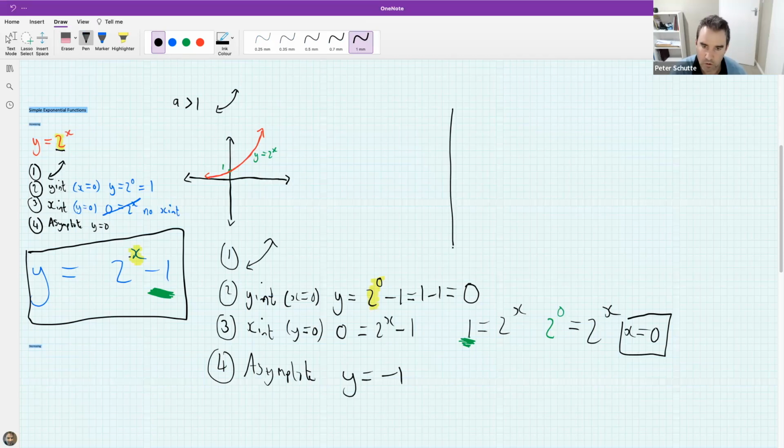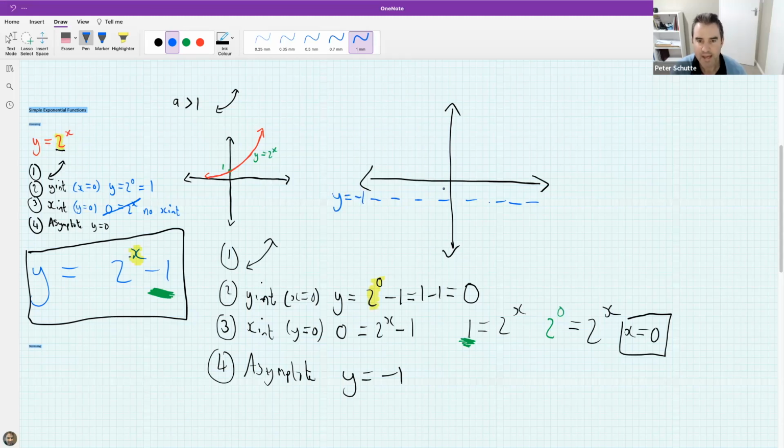We have a Cartesian plane. And just like with hyperbolas, I start by putting my asymptotes down. I label my asymptote y equals -1. My intercept is at 0.